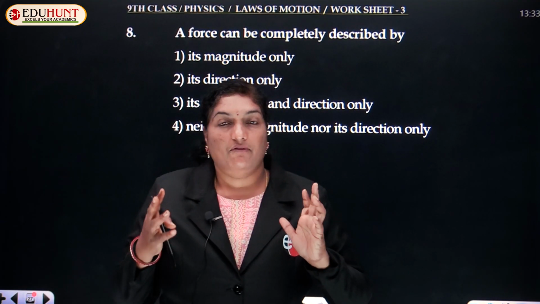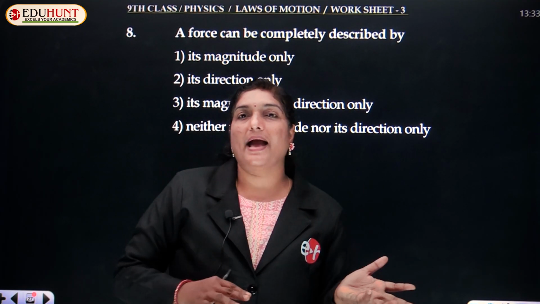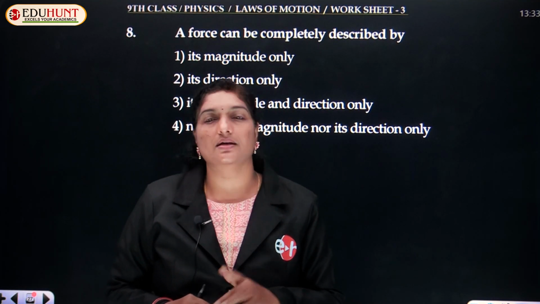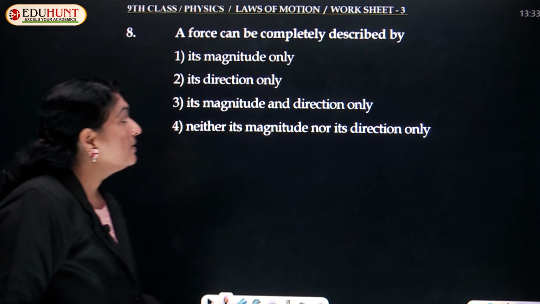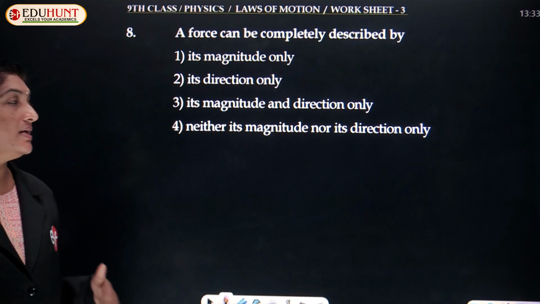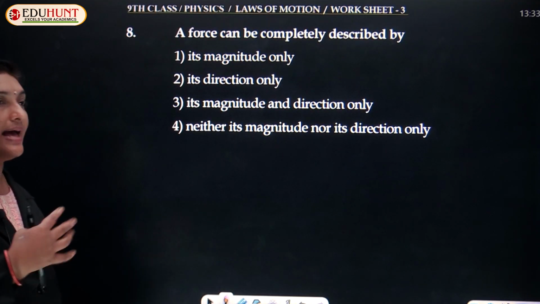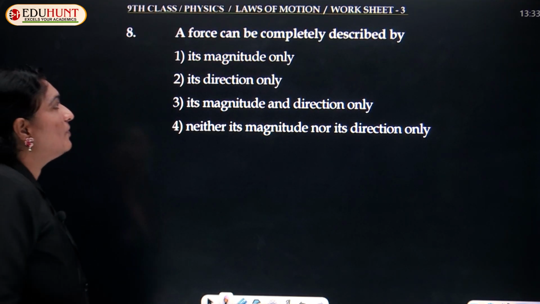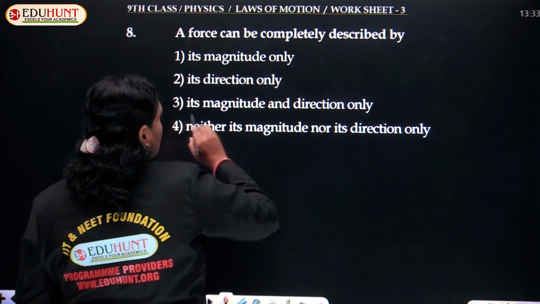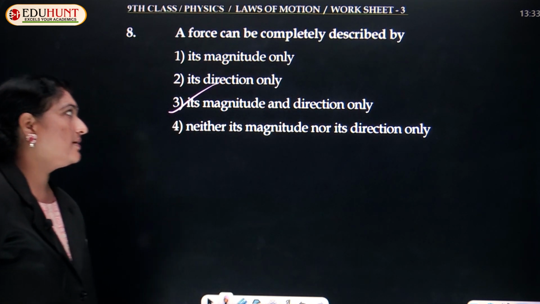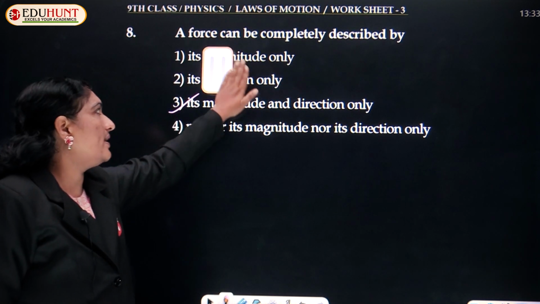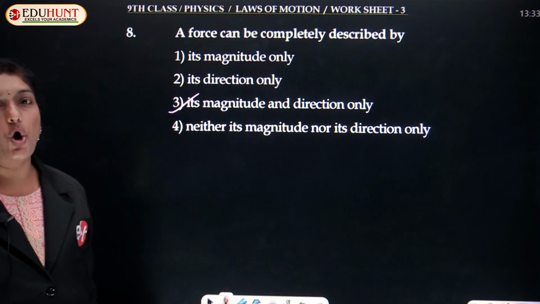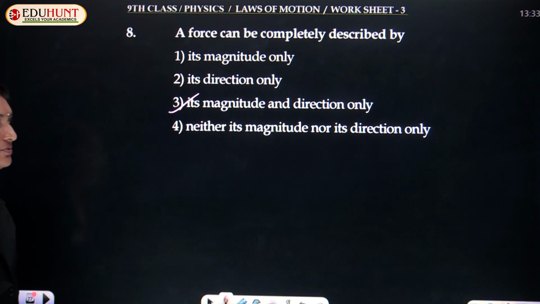A physical quantity which has both magnitude as well as direction is defined as a vector quantity. So force can be completely described by its magnitude as well as direction. Not only magnitude, not only direction, both. So option 3 must be true, children.